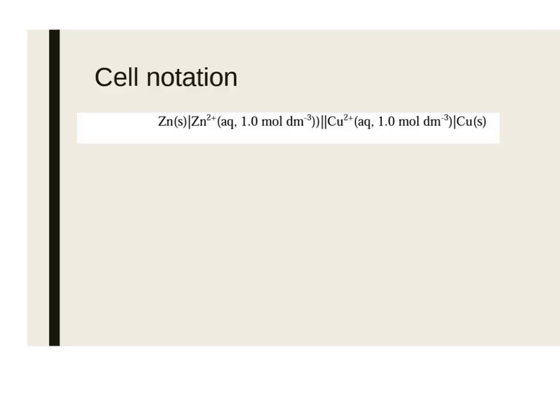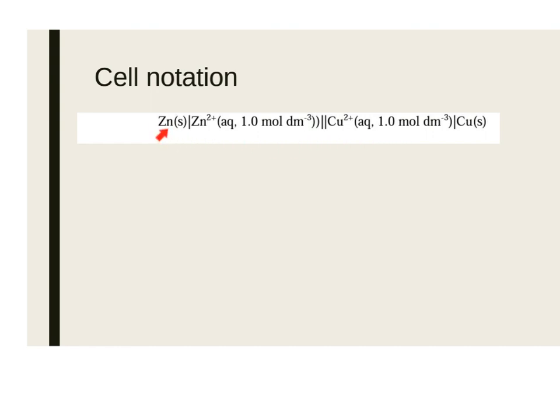Okay, now let's see how do we write the cell notation. As you can see in here, this is the cell notation of the cell that we used in our lesson today. Initially we write the anode reaction and then the cathode reaction.